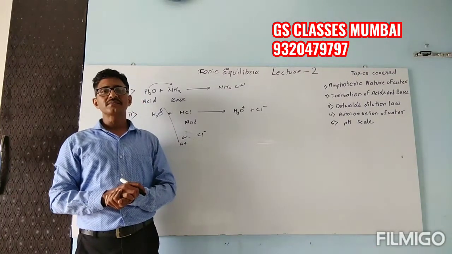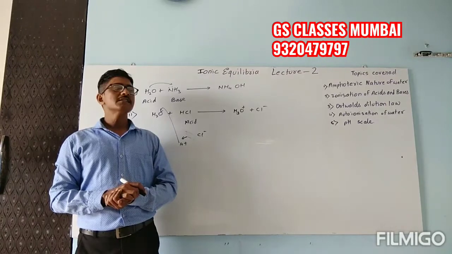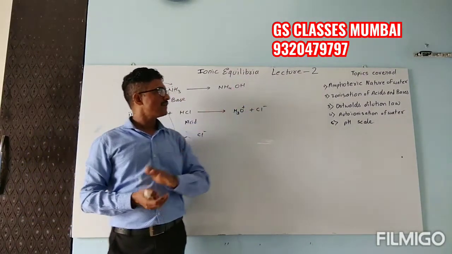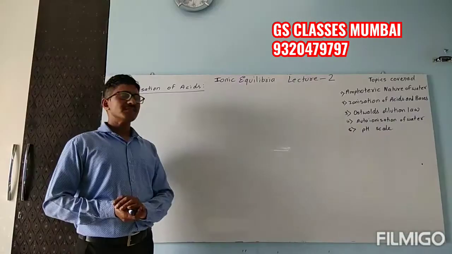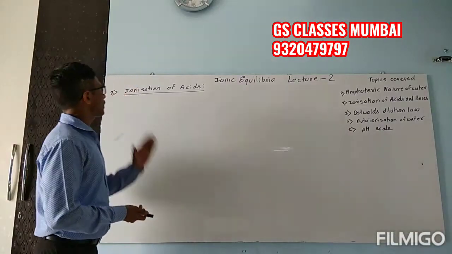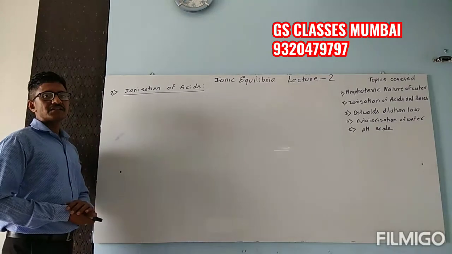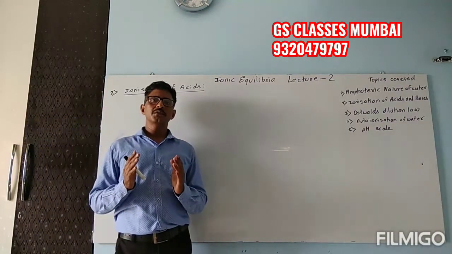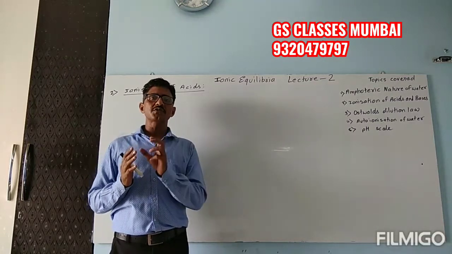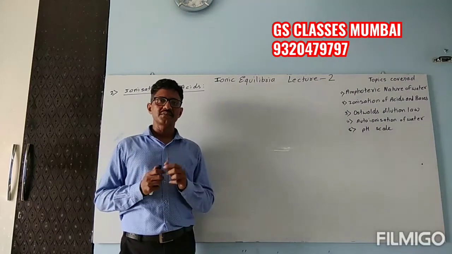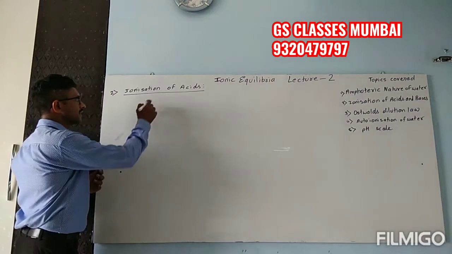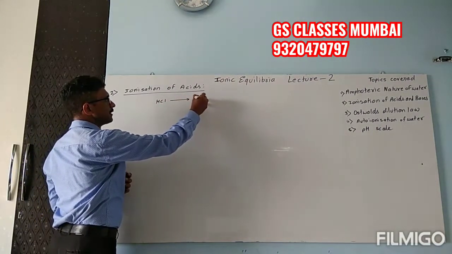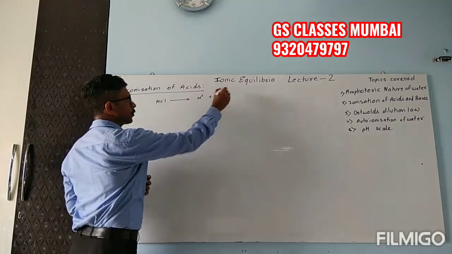So now children, let's move to the second point, that is, now we are taking the concept of ionization of acids. Ionization means what? Splitting of a substance into what? Ions. If for example I am taking the acid HCl, it will split into ions, H plus ion and chloride ion.